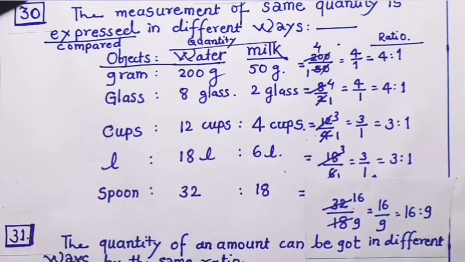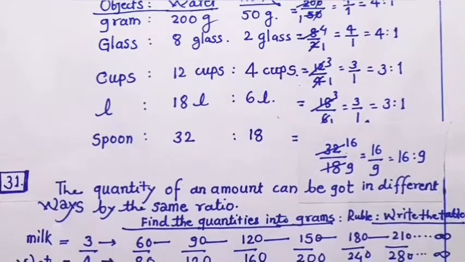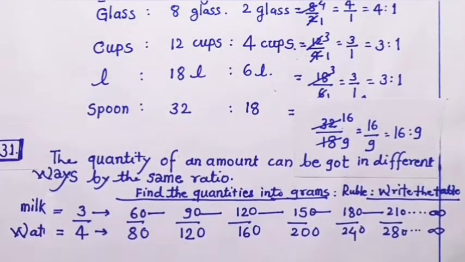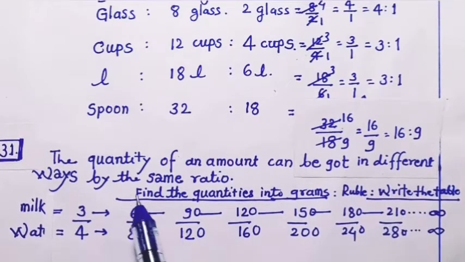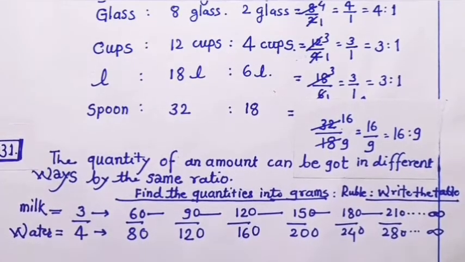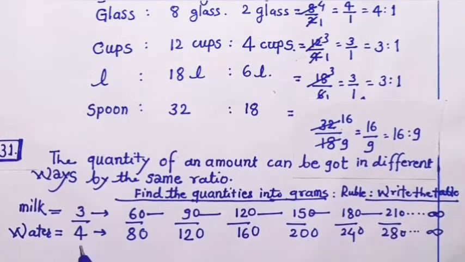In this way, the quantity of an amount can be expressed in different ways by the same ratio. 3 by 4: if 3 parts milk and 4 parts water, find the quantities in grams and in this way.